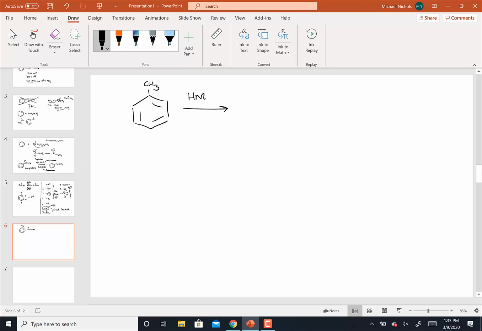I'm going to add nitric acid and sulfuric acid to the ring of toluene, of methylbenzene. When I'm doing this kind of problem, the first thing I need to know is what electrophile HNO3 and H2SO4 produce.